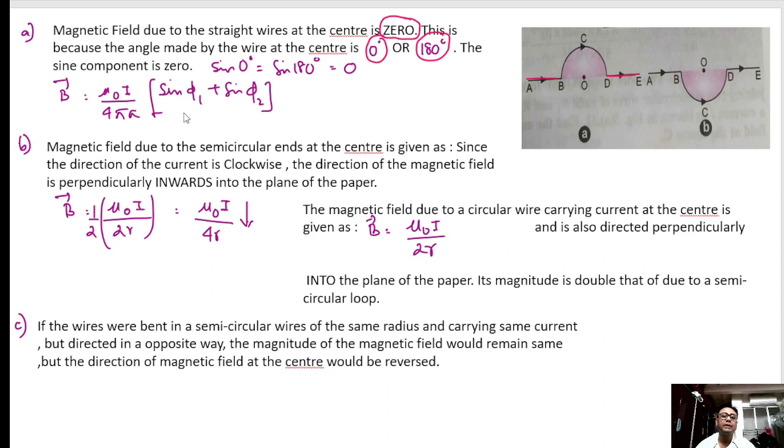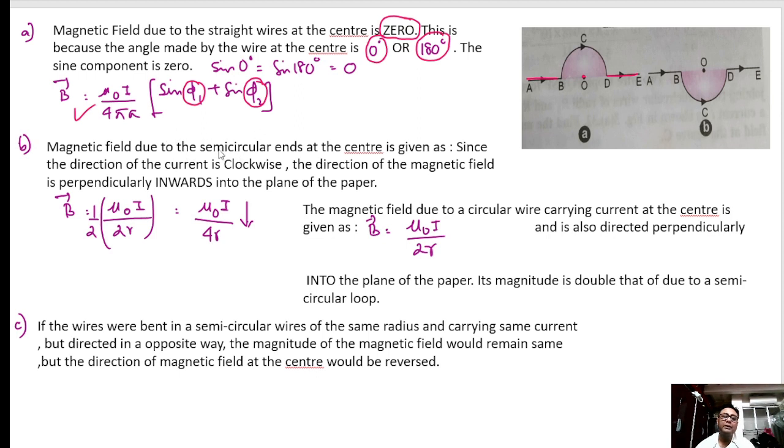So using this formula, sine phi 1 and sine phi 2 both will be 0, so the magnetic field due to the straight wires at the point O will be 0.